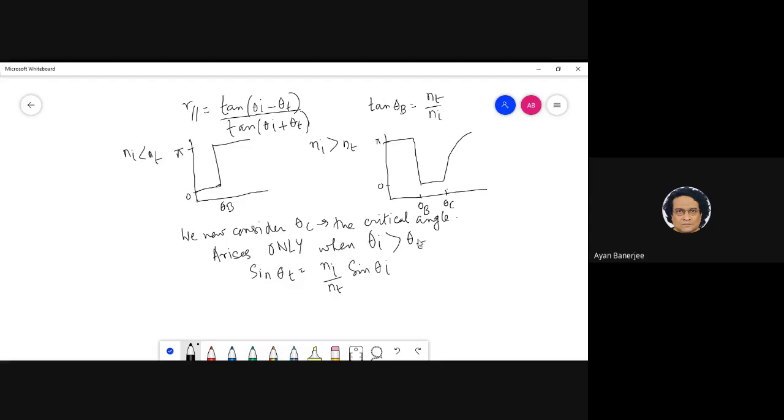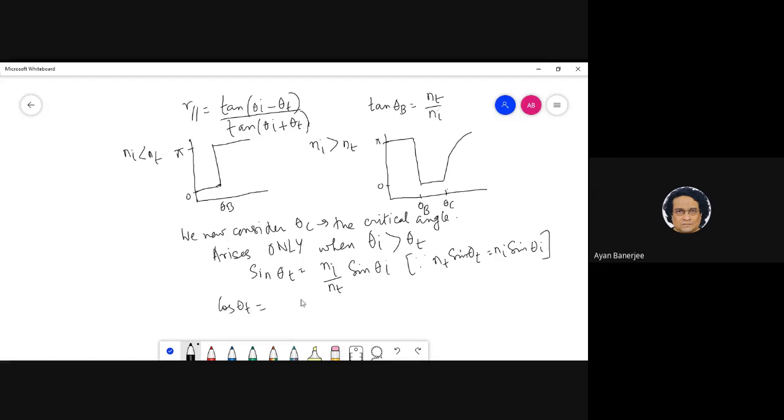So Snell's law is nt sine theta t equals ni sine theta I. This is Snell's law. Then what can I write from here?